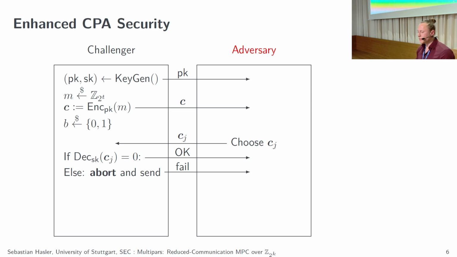Then the enhanced CPA security property basically states that the adversary is not able to deduce any information from these queries about the originally encrypted message M.